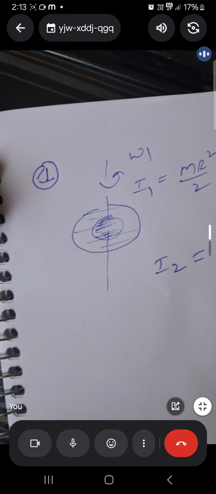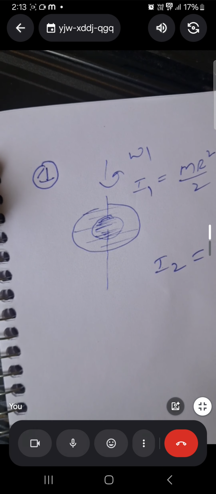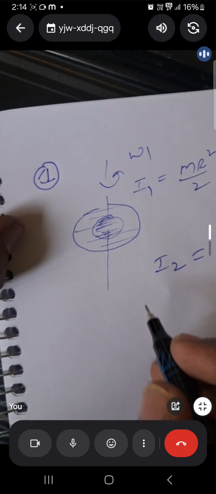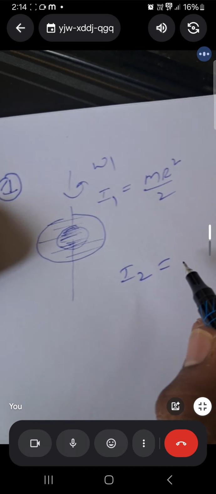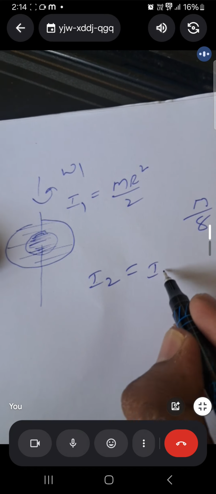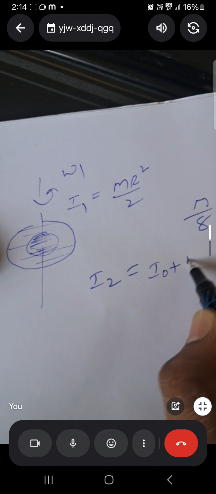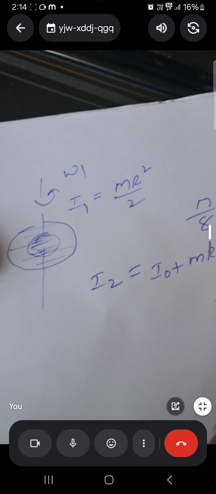Whenever mass is added to the first body, the moment of inertia can be found by using the parallel axis theorem. That is I naught plus m r square.